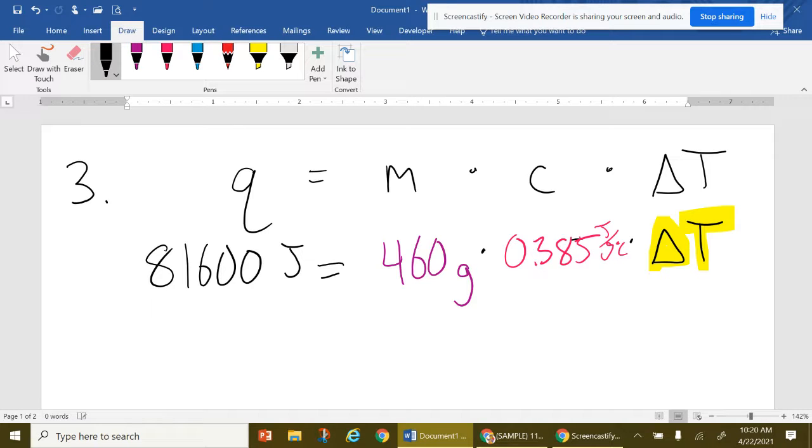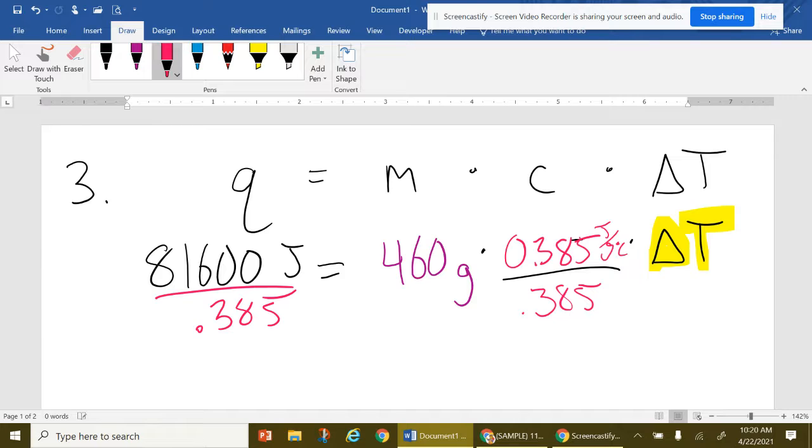So this is algebra, guys. This is algebra. You can't just multiply all these things together because that's not how the equation is set up. We have to solve for temperature change, which means we've got to get the temperature change by itself. It's being multiplied by 0.385, so we're going to have to divide both sides by 0.385.